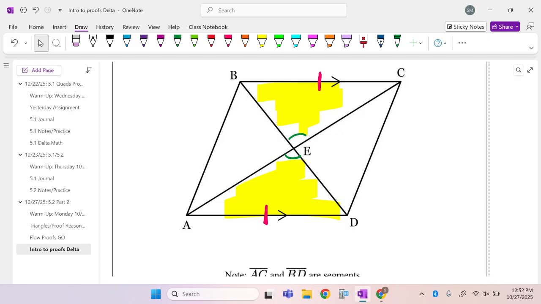But if there was, you could label that as well. So everyone should be giving this one a shot.